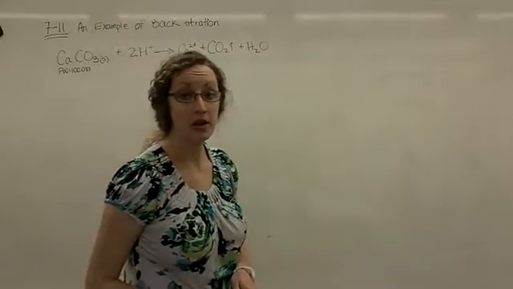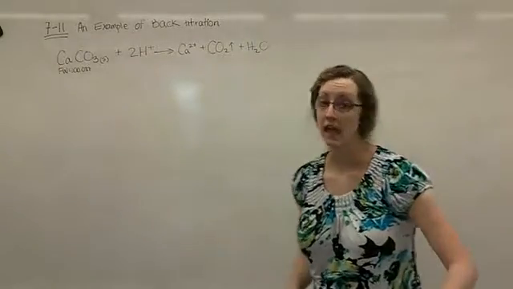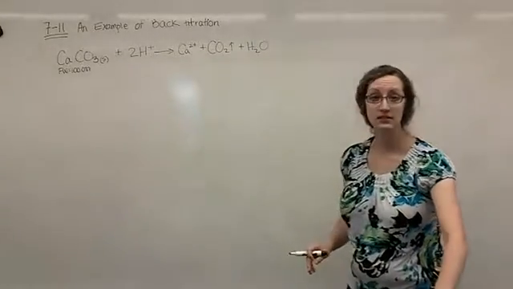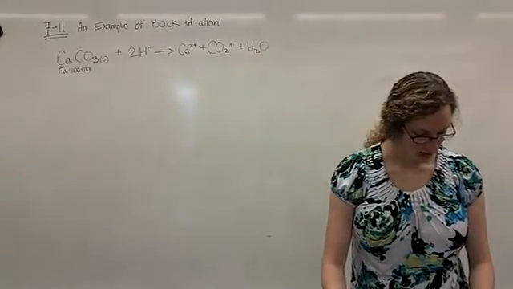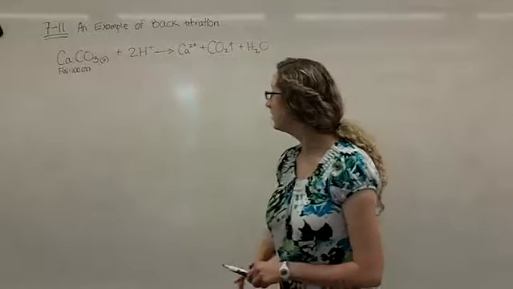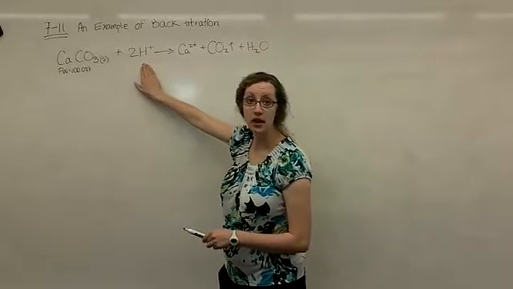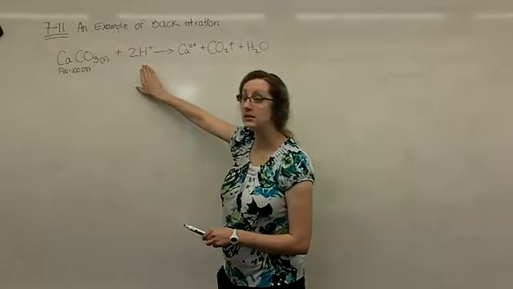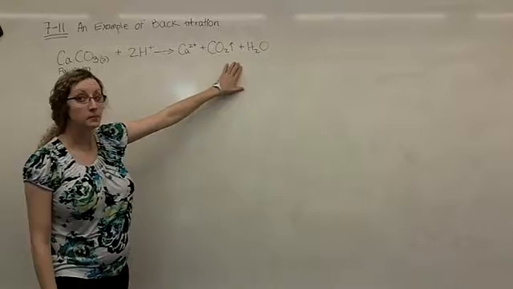For this problem, we are going to start with problem 711. And in this one, it is an example of the back titration. This back titration is for calcium carbonate, and an excess amount of hydrochloric acid is added, and then this is the subsequent products.